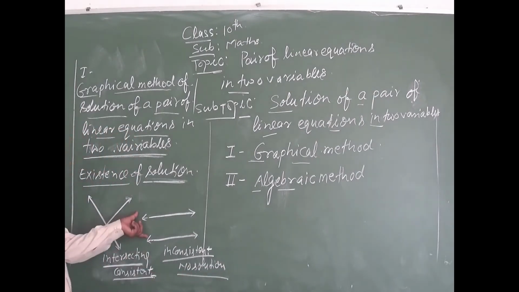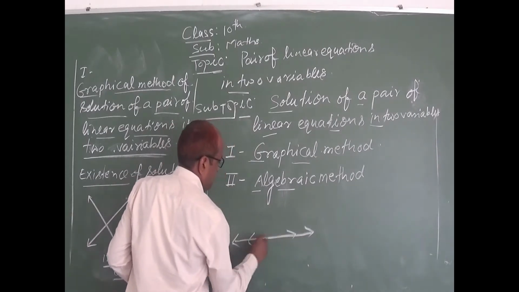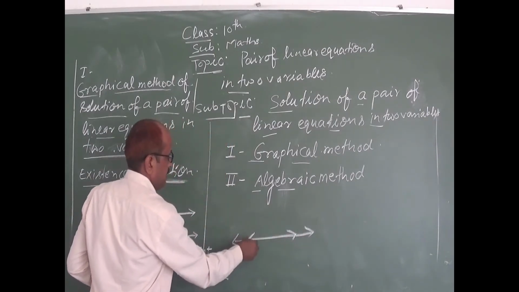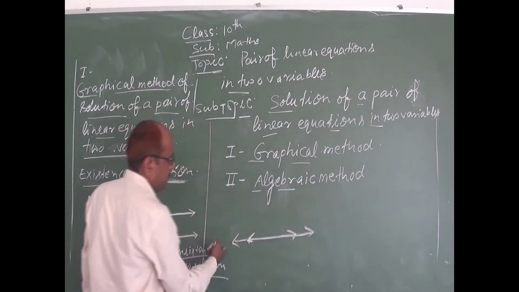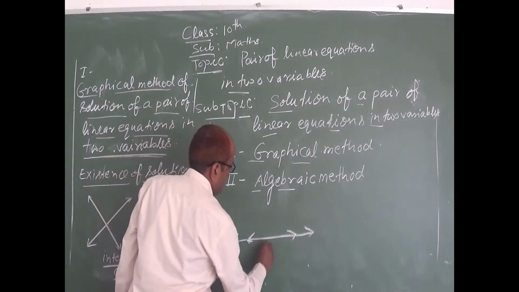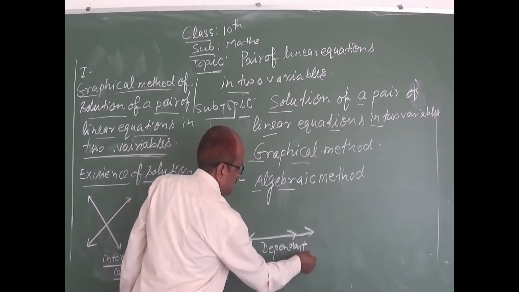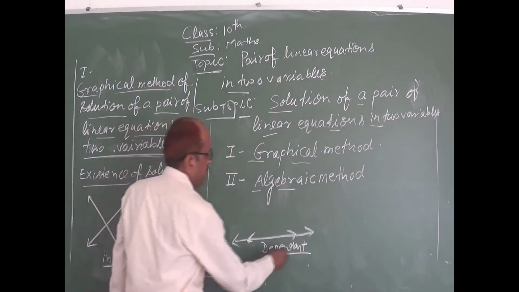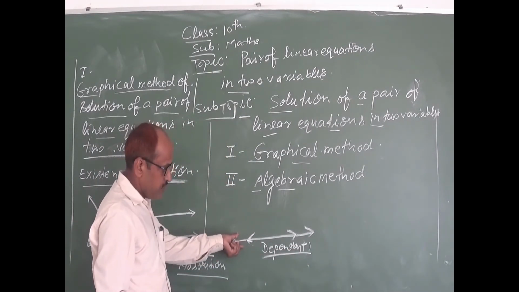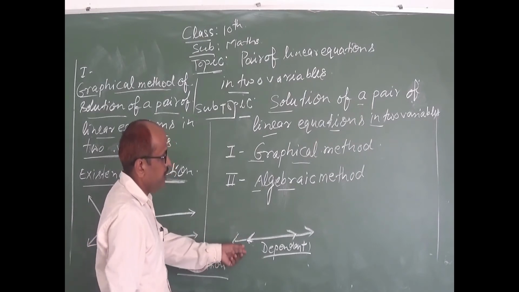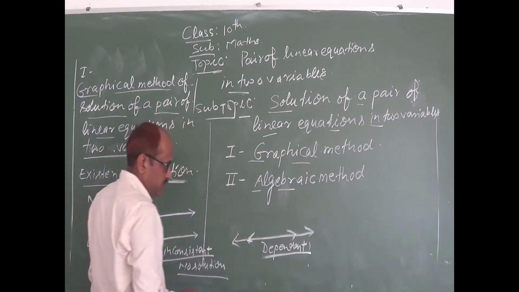Students, if they coincide, which means they overlap each other, this type of pair of linear equations is said to be dependent. Dependent means the value of the first equation is dependent on the value of the second equation, so both are dependent on each other.